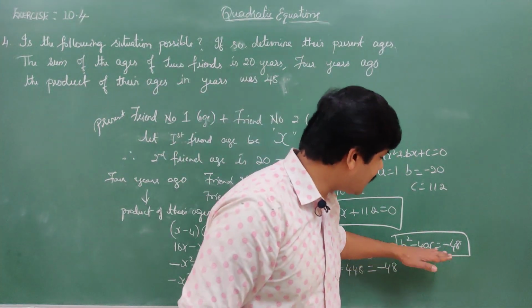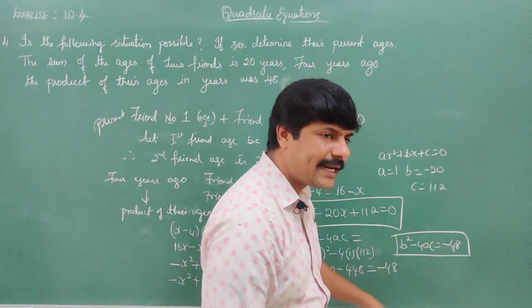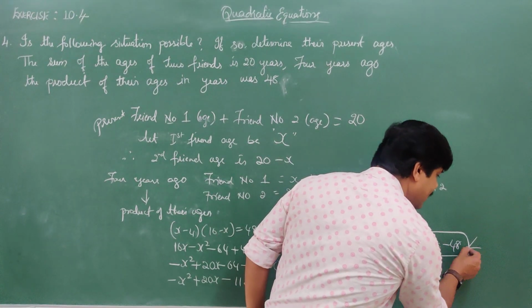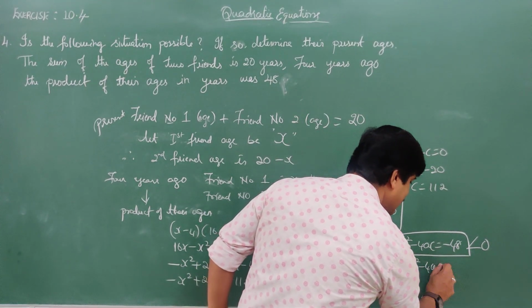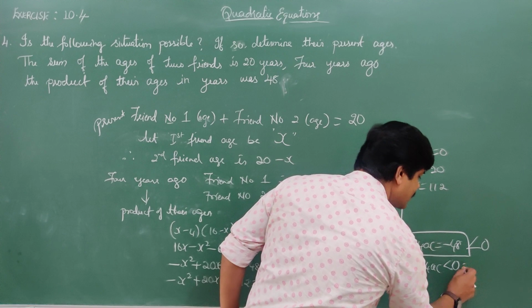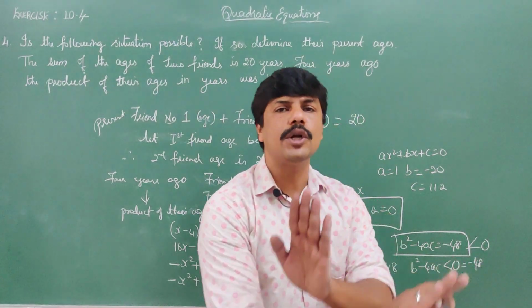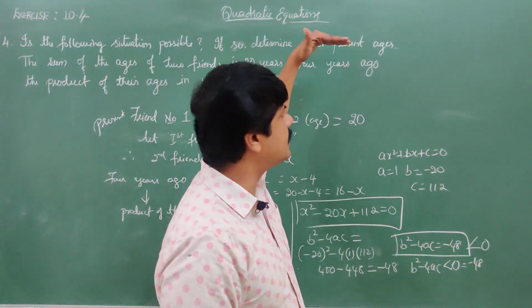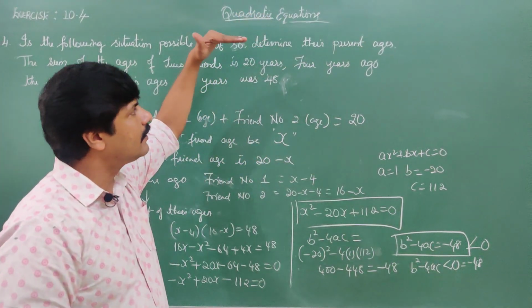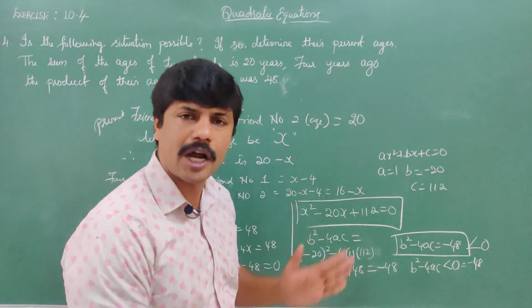If b square minus 4ac is the discriminant, and you get a negative value, minus 48 is less than 0. If it is less than 0, then you will not get real numbers. If you do not get real numbers, then it is not possible to determine the present ages of these two friends. Not possible.